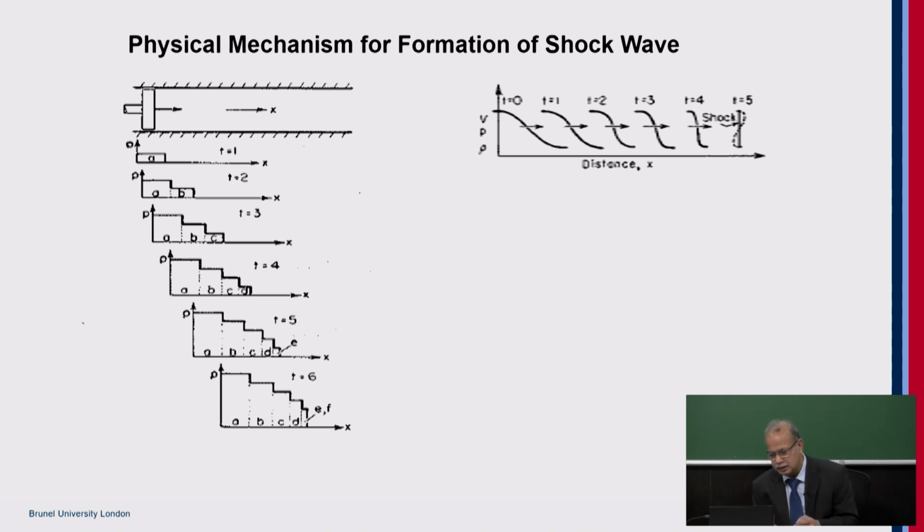Now you see this effect, where the pressure waves tend to steepen over a period of time. And when the pressure waves steepen, it comes to a situation where the wave tends to topple. That is a very unrealistic situation, which can never happen.